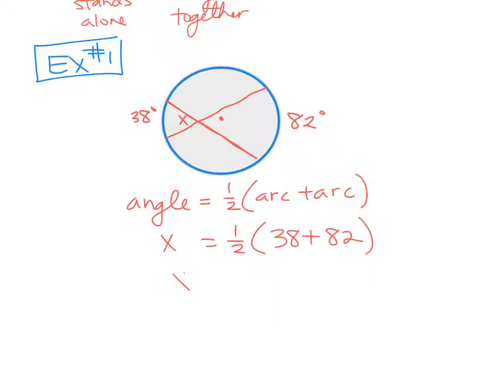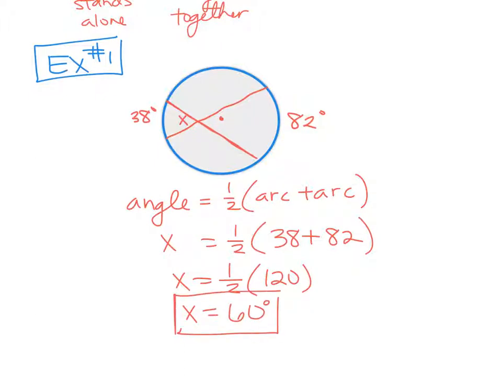So you get x equals half of 120. So x would be a 60-degree angle. Okay? So when it meets inside, you add, and just make sure that the angle is the thing that stands alone, not one of the arcs. Okay?